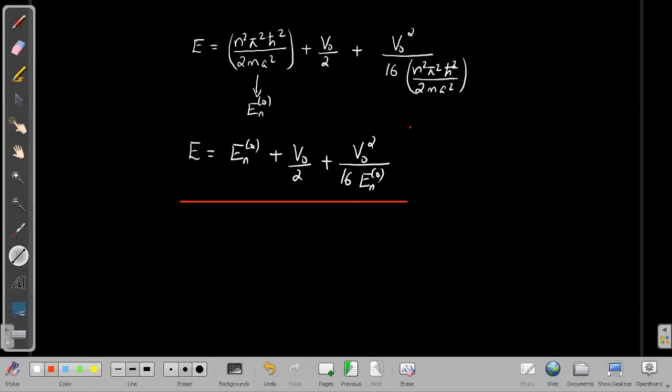This you can do yourself, just an exercise for you. If you have a small bump inside the particle in a box, there will be a correction in energy, and there is a correction factor.